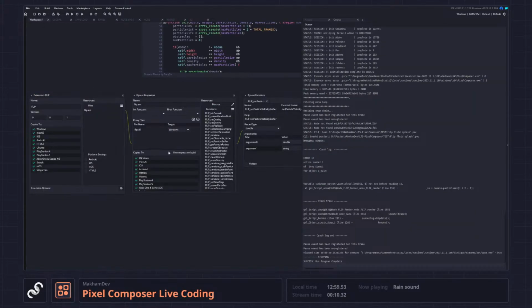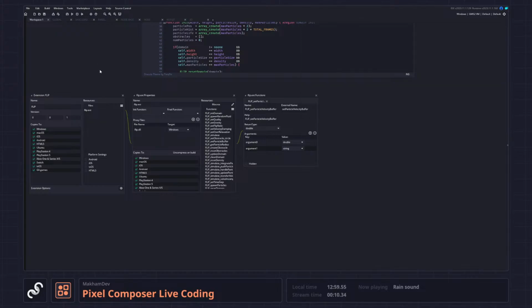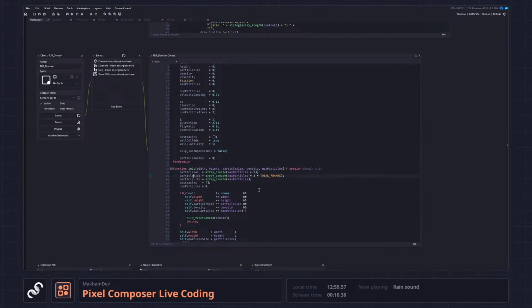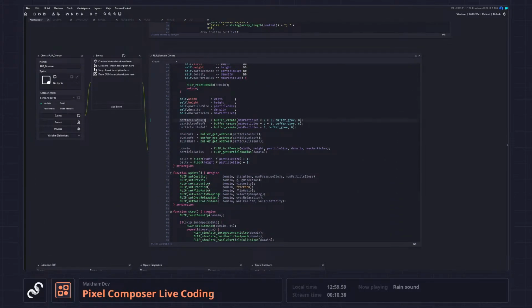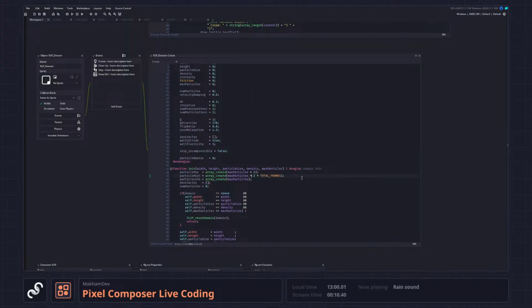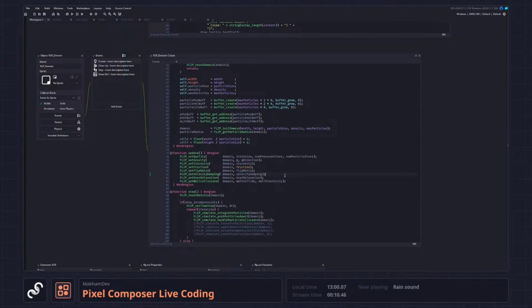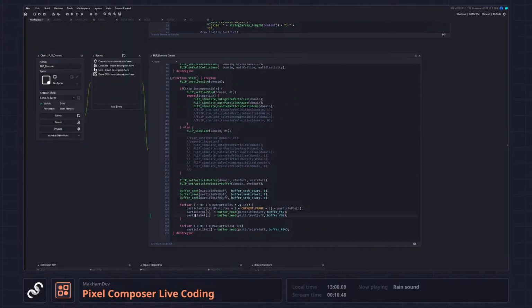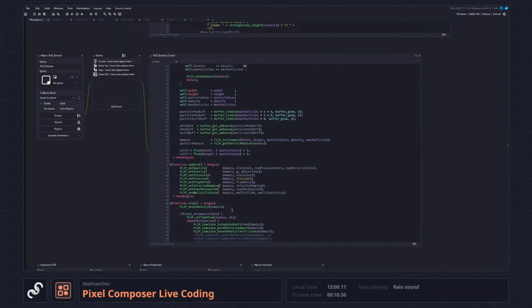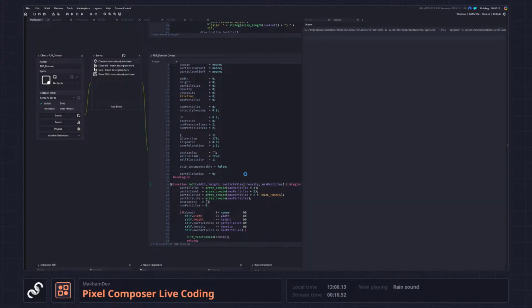Whoop, particle velocity not set. Particle velocity. I think I may have deleted it. That's weird. Particle velocity. Yeah.